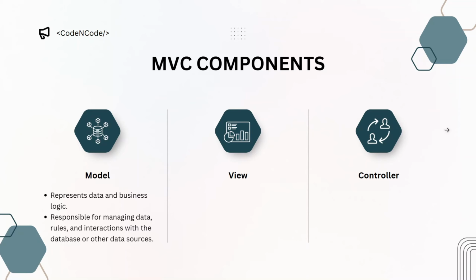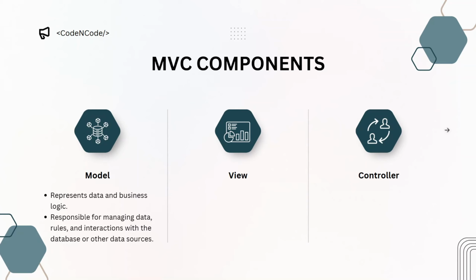That too falls into the category of model. So data and any operation that you perform on the data before sending it back to the client or to the view is part of the model. It represents data and business logic and is responsible for managing data rules and interaction with the database or other data sources, as simple as that.